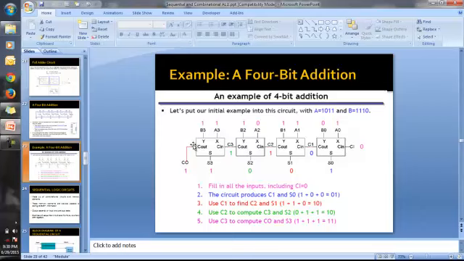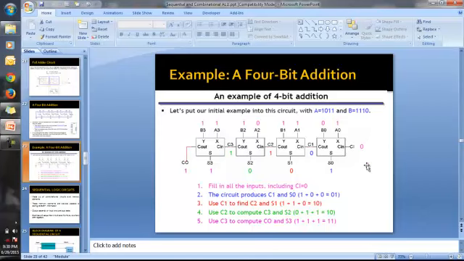So here we can see an example of 4-bit addition. The value of A is given as 1011 and B is 1110. These are binary numbers, and I am going to perform addition with these two numbers.